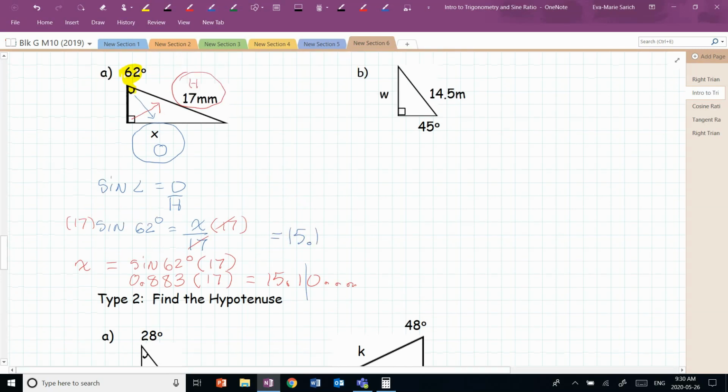And what are our units on this? In this case, it happens to be millimeters. That's our final answer. We've found the missing side.